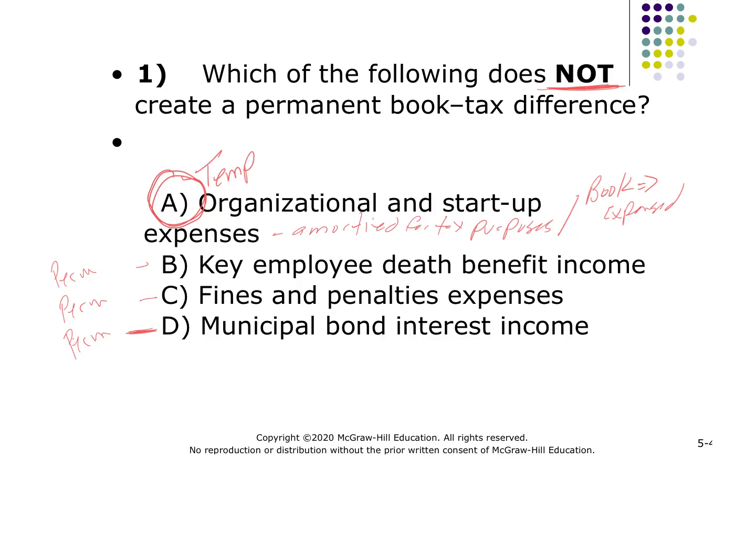And I know the question doesn't ask this, but would it be favorable or unfavorable? This would initially be an unfavorable book tax difference, because if you're amortizing something, you're getting to recognize a small piece of the cost recovery as opposed to it being completely expensed for book purposes.